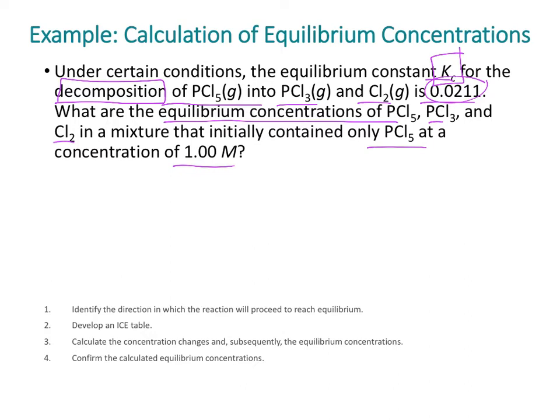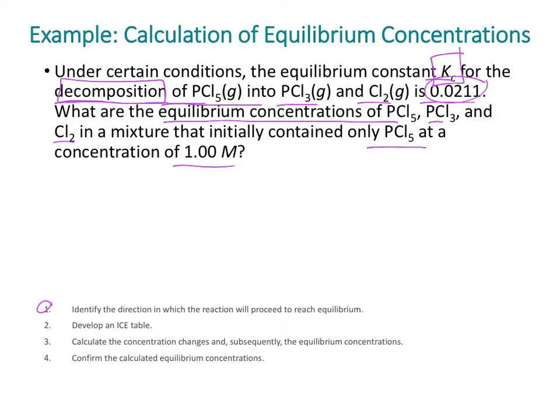First, we are going to need to write out the equation, and we need to identify the direction in which the reaction will proceed to reach equilibrium. So first, start off by writing the equation. Luckily, this problem told us exactly what we need to know.